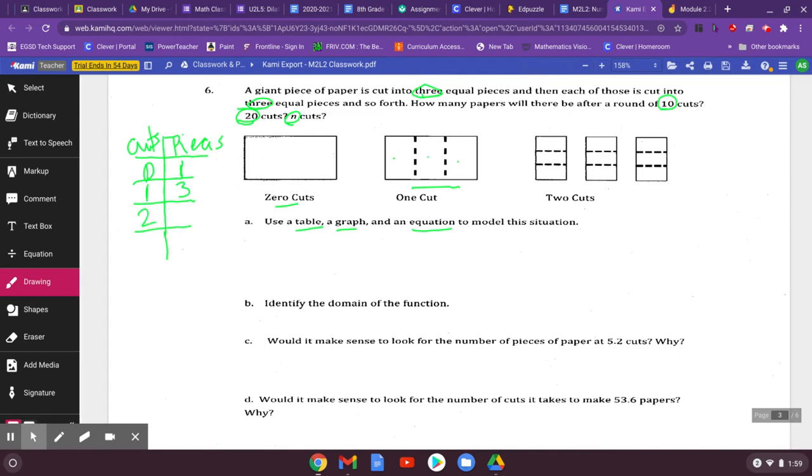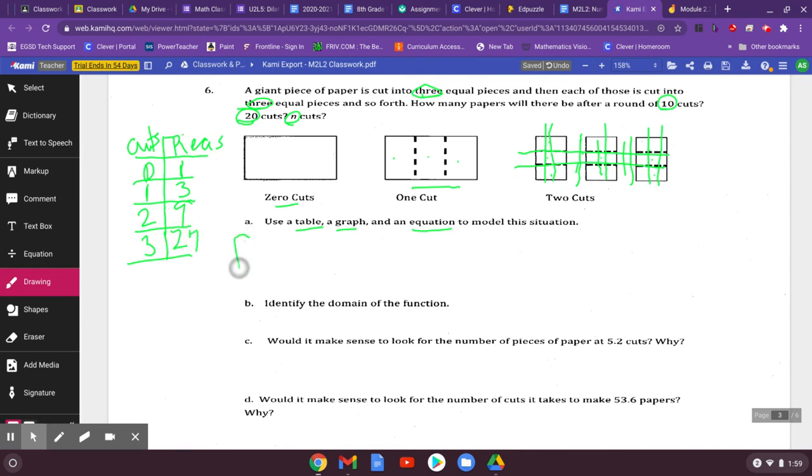Here's 1 cut, and this would be the second cut, so I have 9 pieces. With 3 cuts, I take all of these into 3 equal pieces, meaning 27.